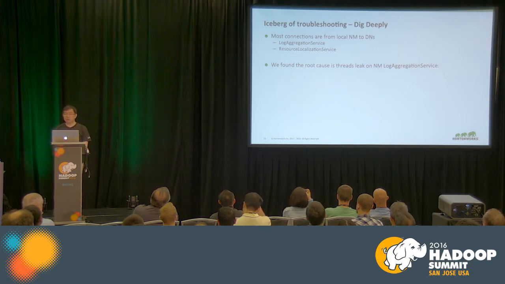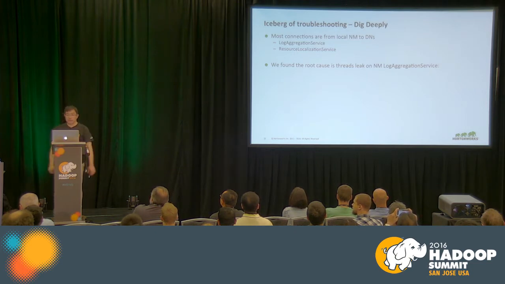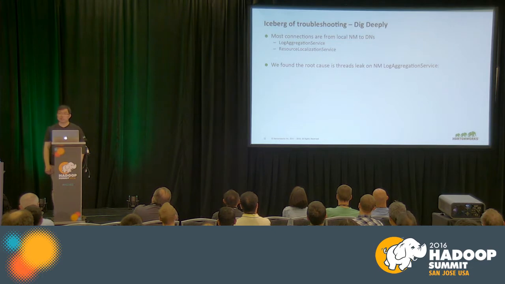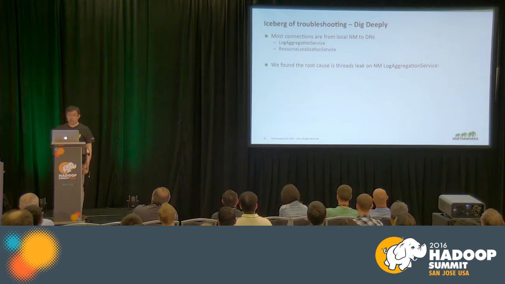In the YARN node manager, we have a log aggregation service that uploads the local logs to the remote HDFS, and also a resource localization service that downloads the related jars from HDFS to local. Those are the two components we suspected.